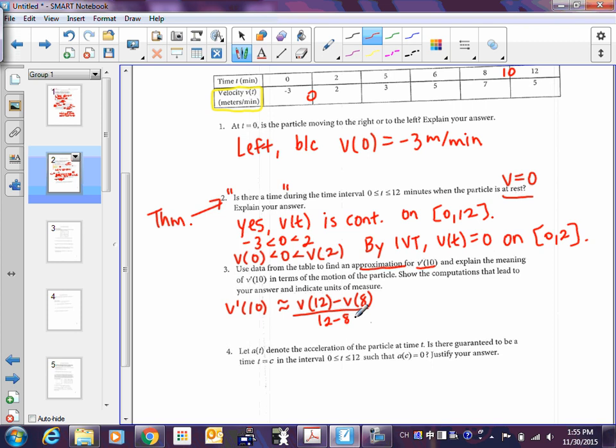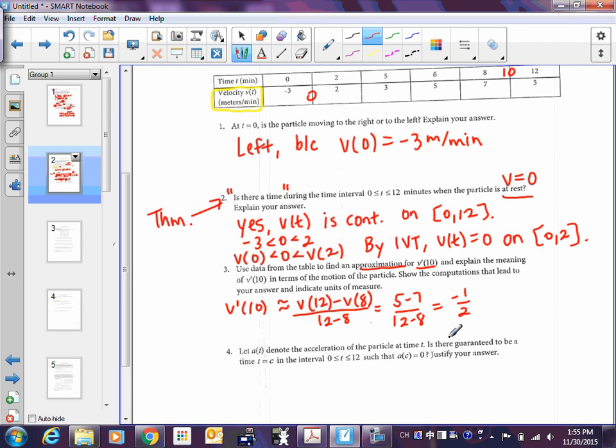The average rate of change from 8 to 12 is the closest thing I'm going to get to the exact rate of change at 10. This does turn out to be 5 minus 7 over 12 minus 8. And if you wanted to simplify, although that would not be required, you'd get -1/2.